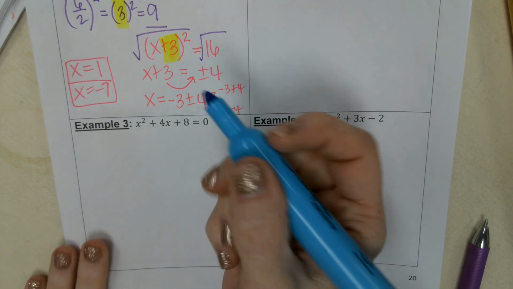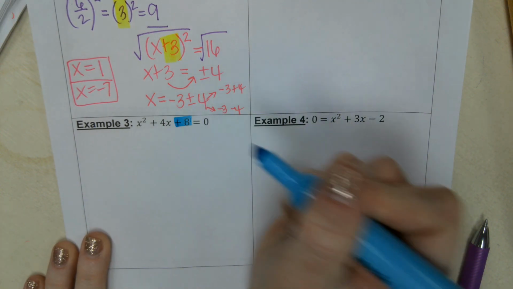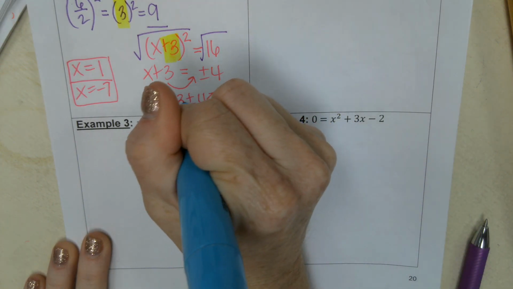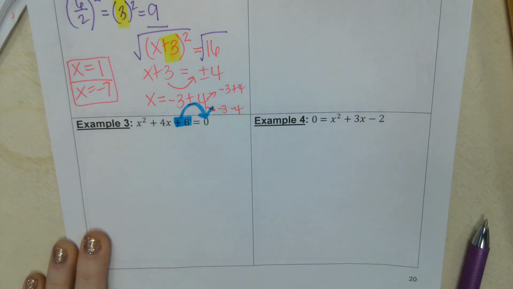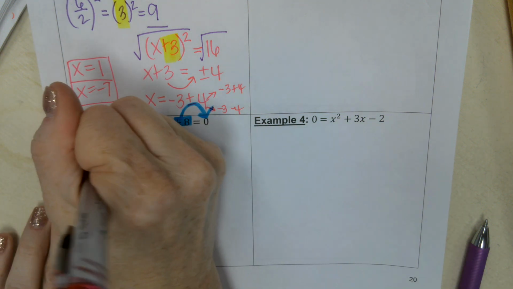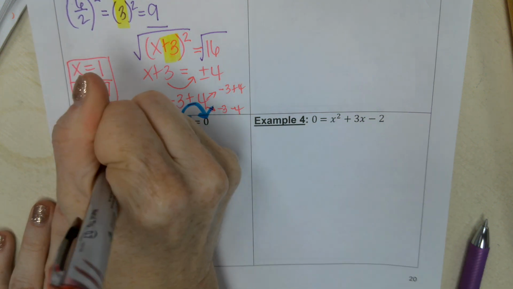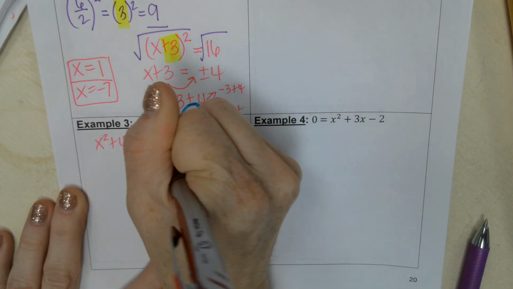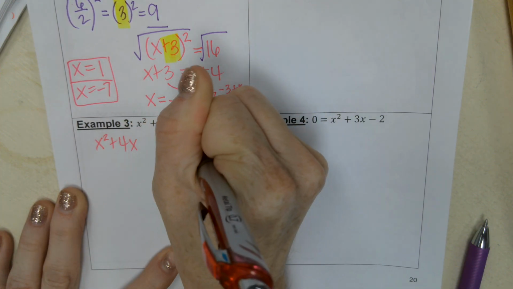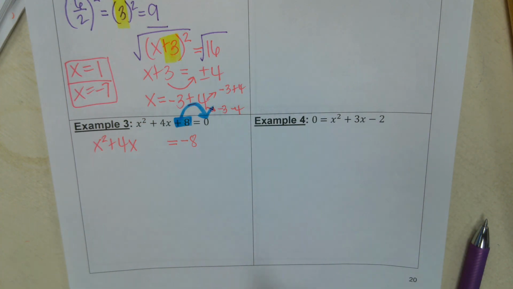Let's do this again. I'm going to take my constant right here on example 3, and I'm going to move it to the other side. So I have x squared plus 4x. I'm going to leave a space, and then I get -8 over there.